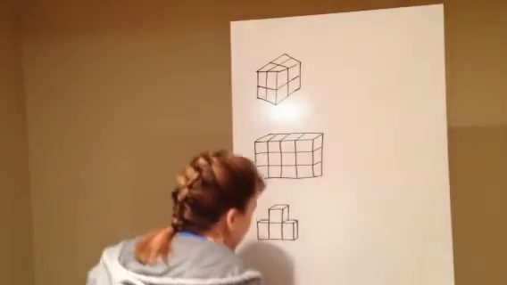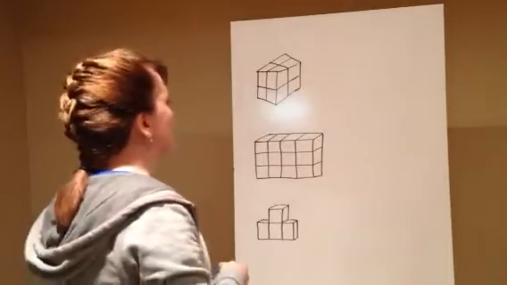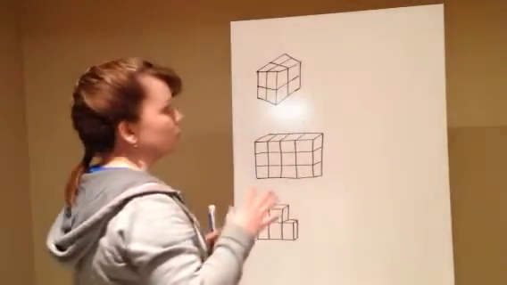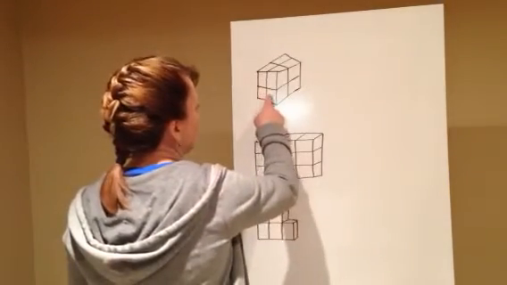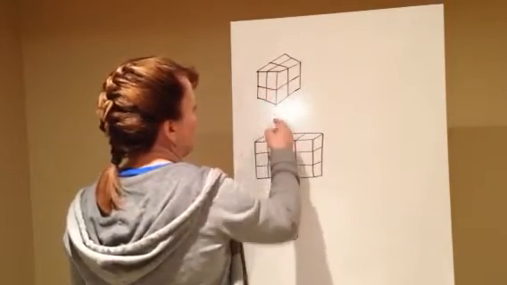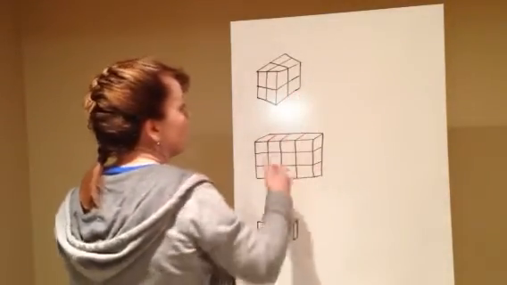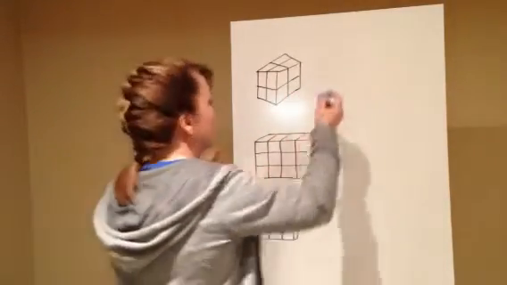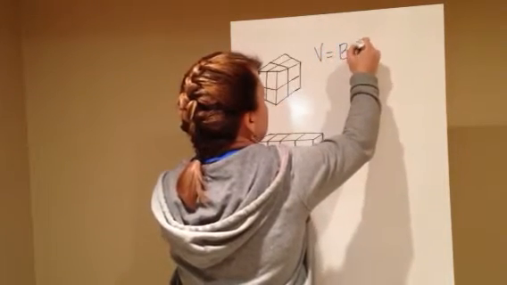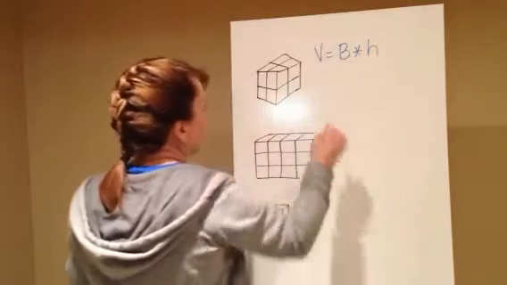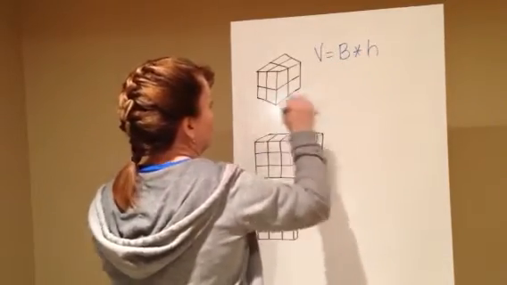Now, let's take a look at some other shapes, and as you can see, this one's a little bit more complicated. I have 2 cubes that are going to be my width and 2 cubes that are going to be my length. So again, if I think about the formula, my base is going to be 2 times 2.